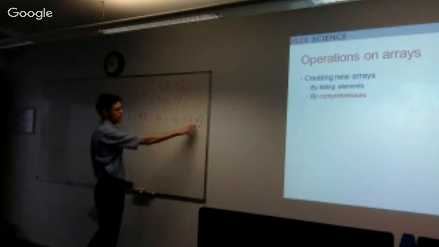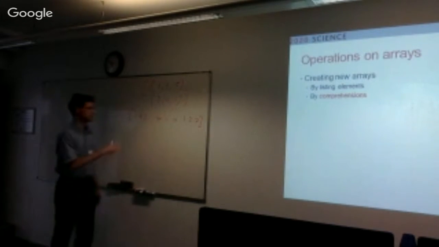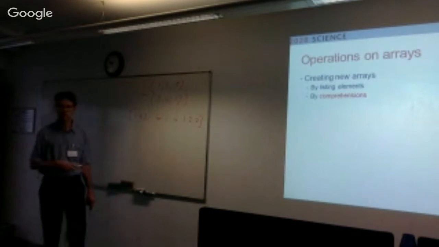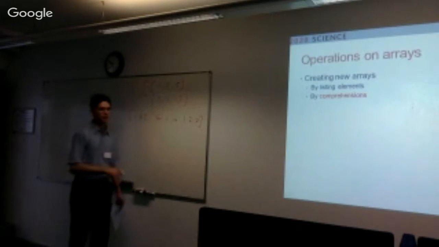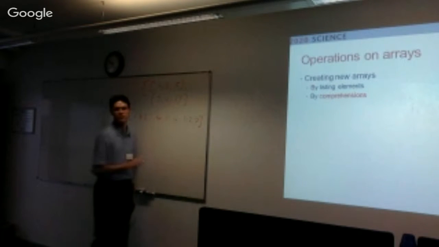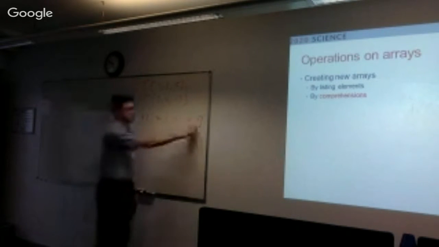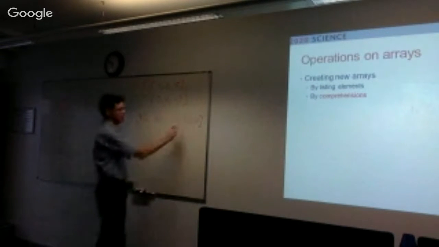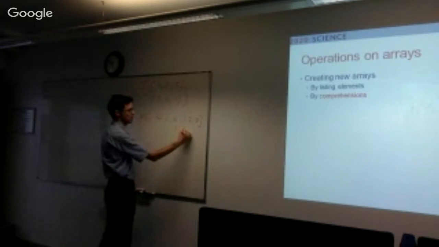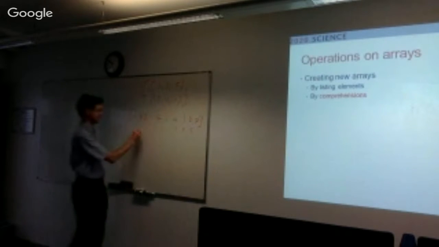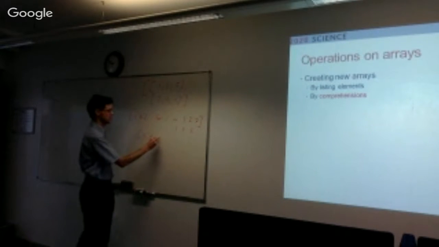We're saying i is varying from 1 up to 7 in steps of 2. And for each value of i, we're going to compute this expression and use that as the next element of the array. The one thing to watch out for is that these ranges are Python-style ranges, so you don't actually include the end point. It's closed at the start and open at the end, which is a bit of a gotcha until you're used to it. So i here is going to go 1, 3, 5, but not 7. And so the array as a whole is then just going to be 2, 6, 10.